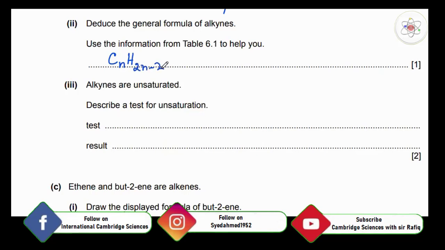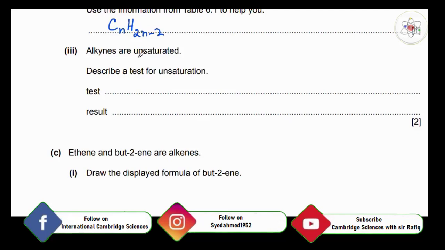Alkynes are unsaturated. Describe a test for unsaturation. As I told you earlier, atoms can be added to the molecules of alkenes and alkynes, because the second and third bonds can be broken and more atoms can be added.